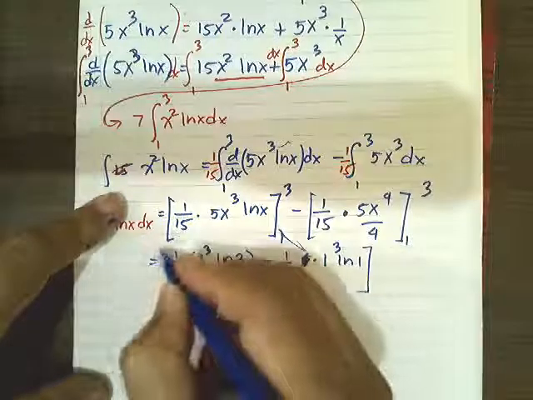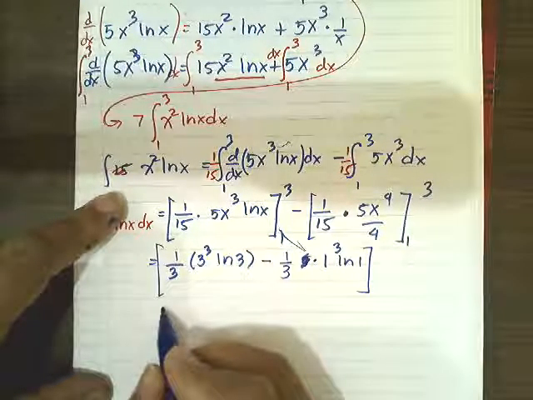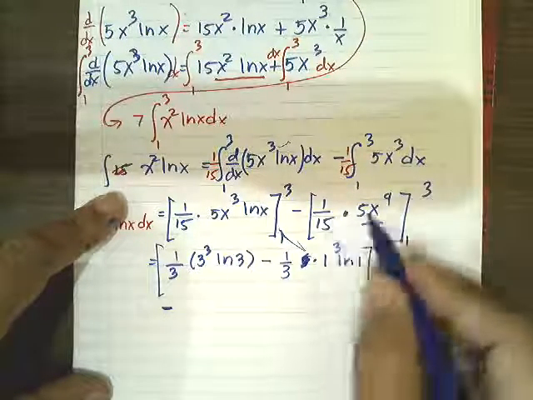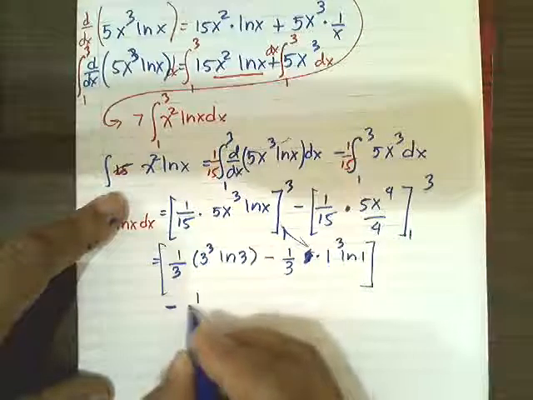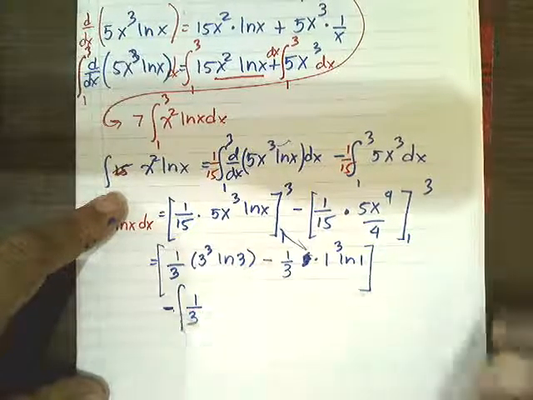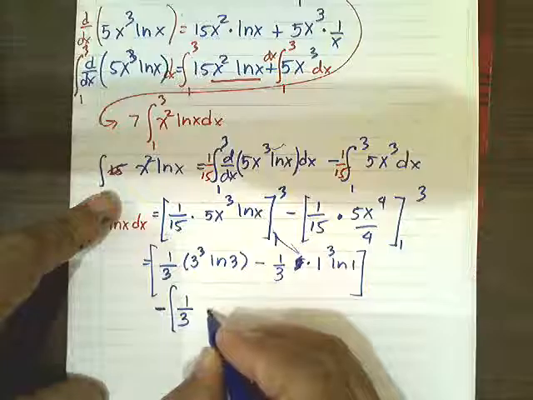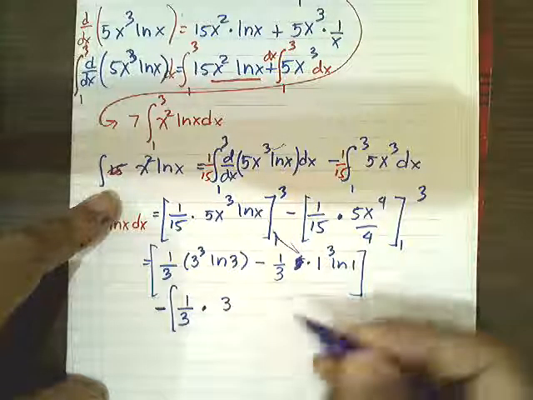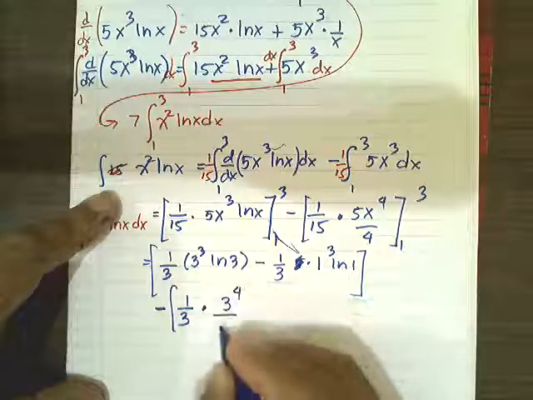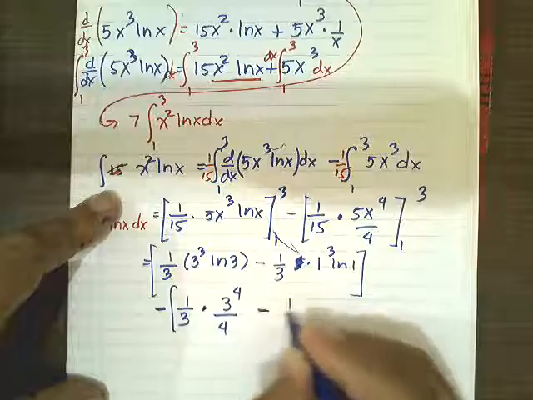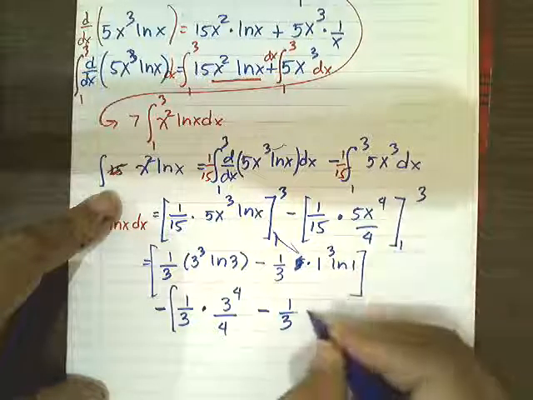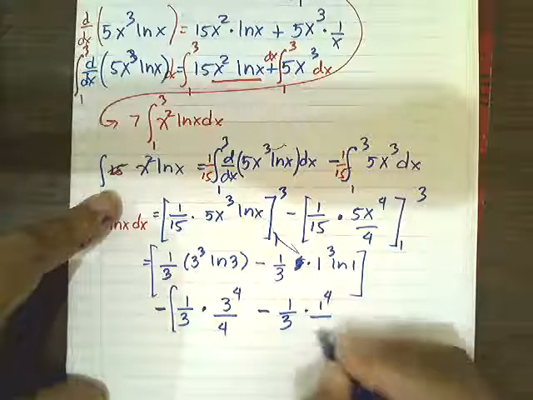That is the first term. Minus, let's simplify, there is 1/3 of 3 to the 4th over 4, minus 1/3 of 1 to the 4th over 4.